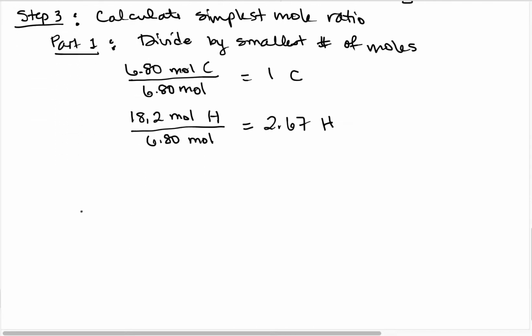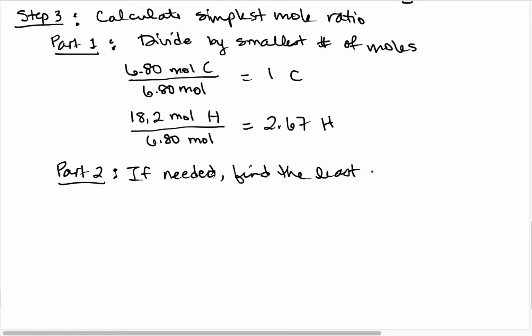And so this leads us to our second part of step 3, which is an if needed, find the least common multiple to give us integers.